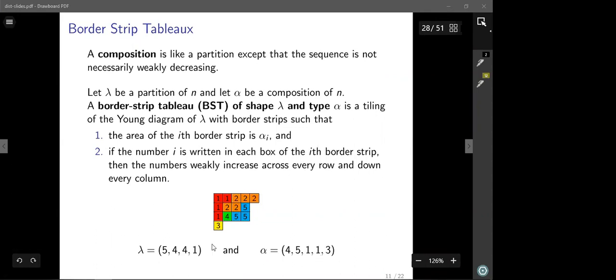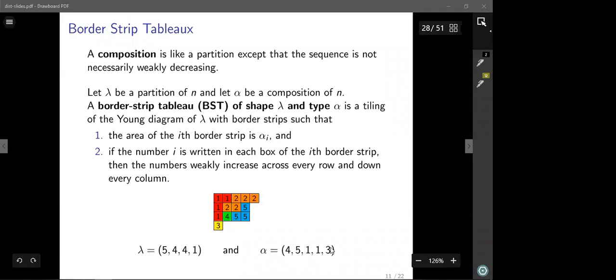So what does it mean to have a border strip tableau of shape lambda and type alpha? Now I have to tile this Young diagram with border strips where the first border strip is size 4. And so those are the red things. Those red things, that's a border strip. And 5 here is the orange. I put those 5 things. It's got 5 boxes in that border strip. And then 1, 1 for the 3rd and the 4th.